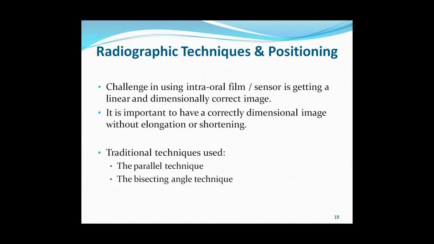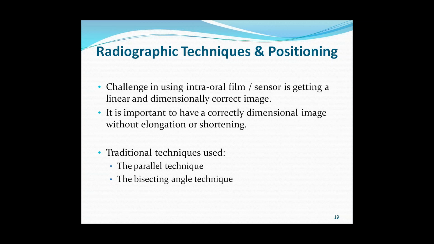The simple and easy technique is called the parallel technique, and we often use that for mandibular teeth, and we'll talk about that in a minute. The more difficult technique is called a bisecting angle, and that's where you have to use a three-dimensional picture to avoid elongation and shortening of the actual tooth roots. And I'll talk about that in a minute as to why we use a bisecting angle.